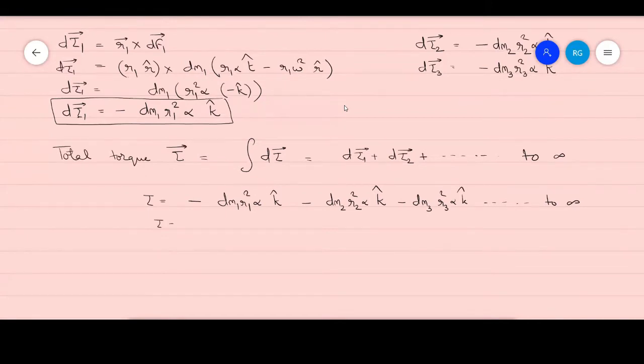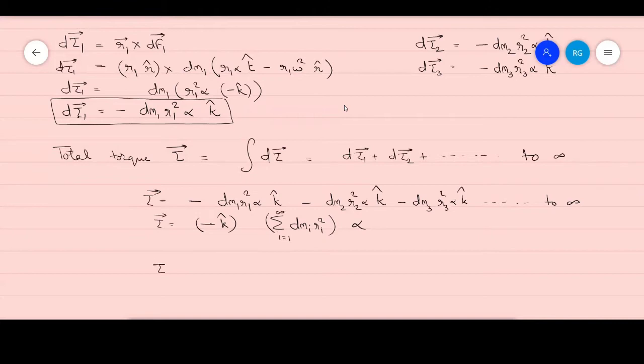So torque is simply minus k cap, which gives us the direction, and the summation of dm_i r_i square and alpha, where i is equal to 1 to infinity.